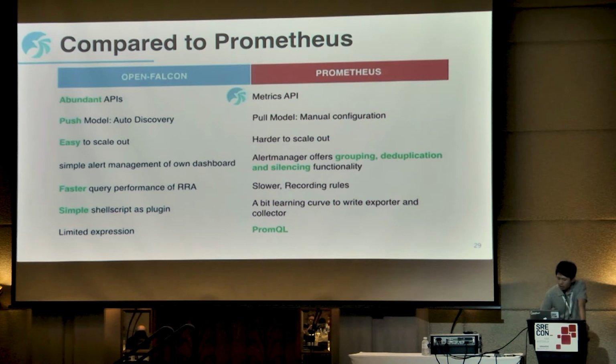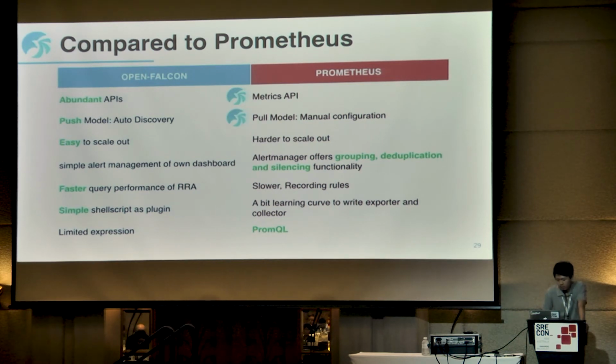Choosing the push model allows the system to have the ability to discover, which simplifies a lot of configuration. Even for a large-scale cluster, we could use a simple tag mechanism to manage it. The Open-Falcon configuration cost is lower than Prometheus.